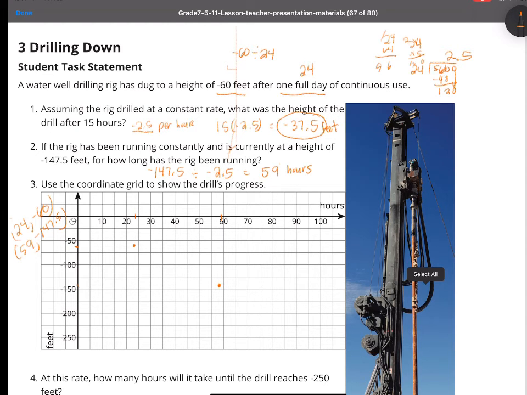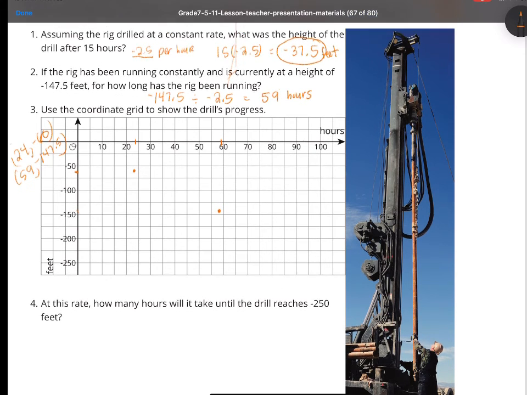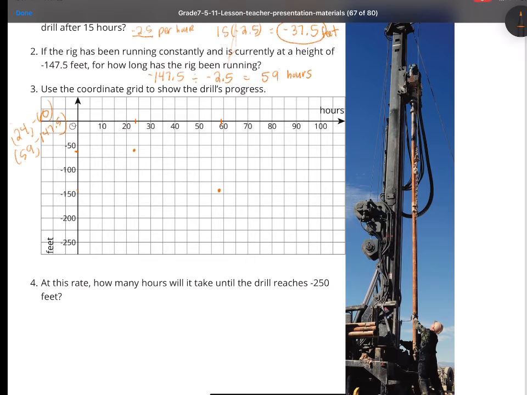Okay. So then for number 4, it says, at this rate, how many hours will it take until the drill reaches negative 250 feet? So if we're trying to look for hours, we want to divide by the constant rate, which is negative 2.5. All right.